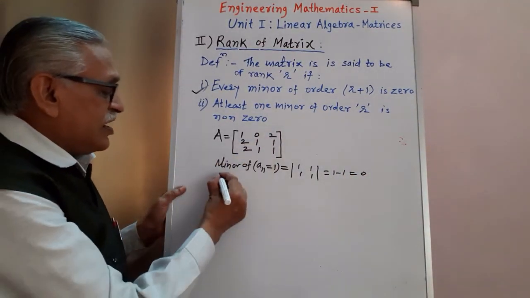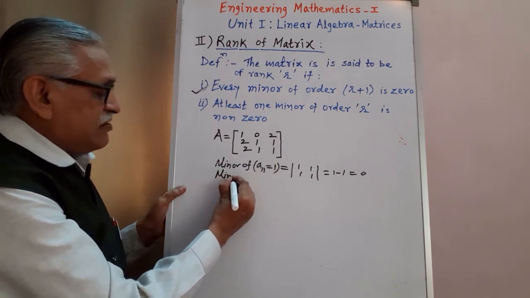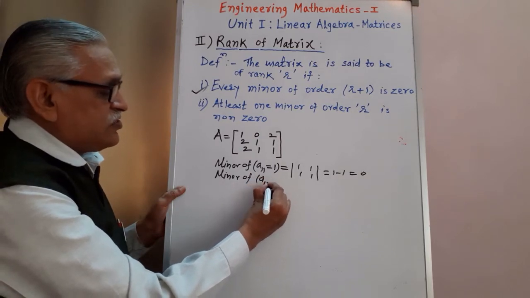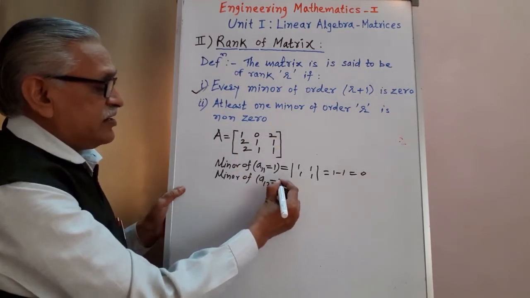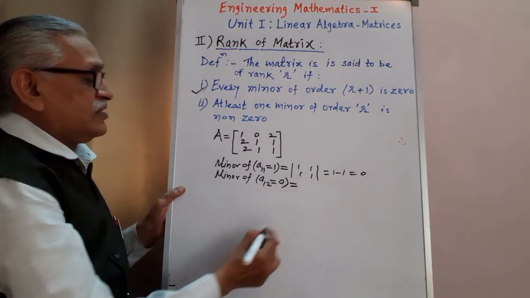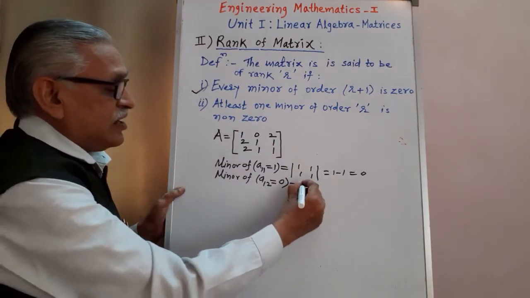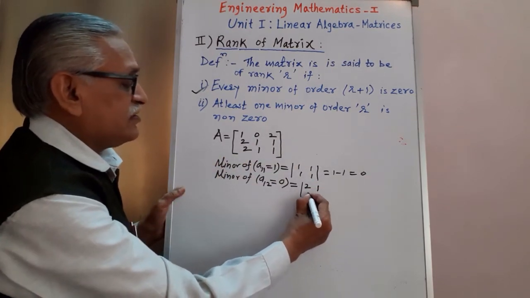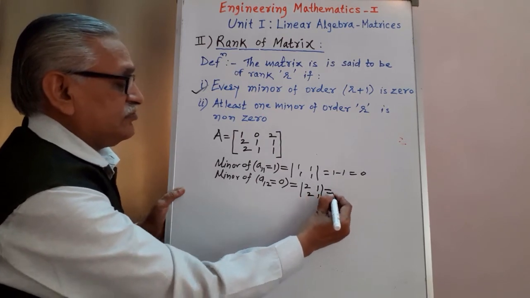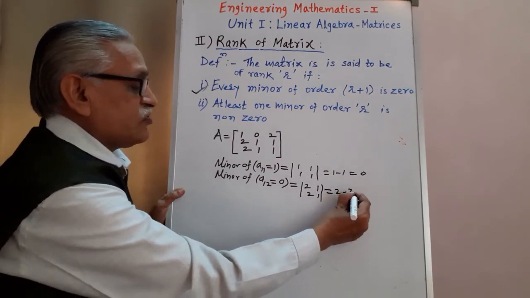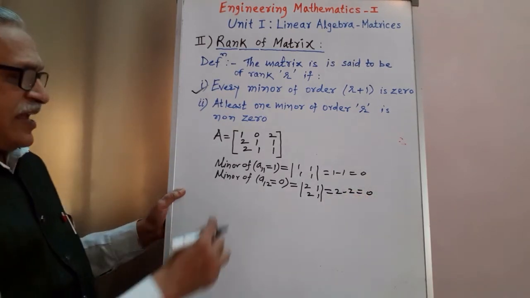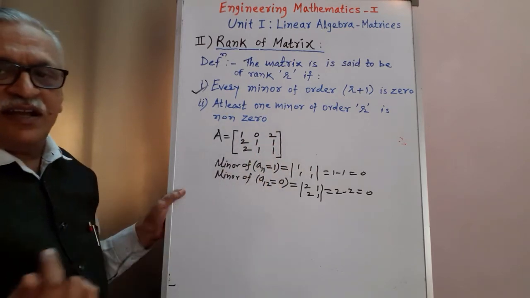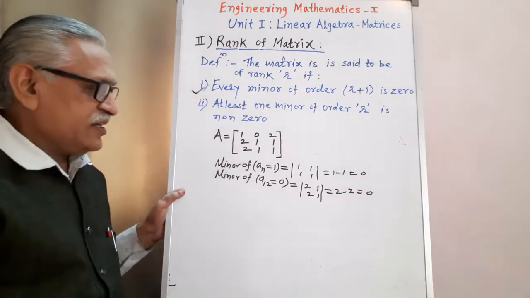Then we go for another element, the minor of the second element, that is a12, first row, second column, and that value is 0 here. Neglecting this row and this column, the determinant of the remaining elements, that remaining elements are 2 1 2 1. Again the value is 2 minus 2, 0. Like this we check for second, third, fourth, fifth, sixth, seventh, eighth, ninth, and out of these 9 at least one must be non-zero.